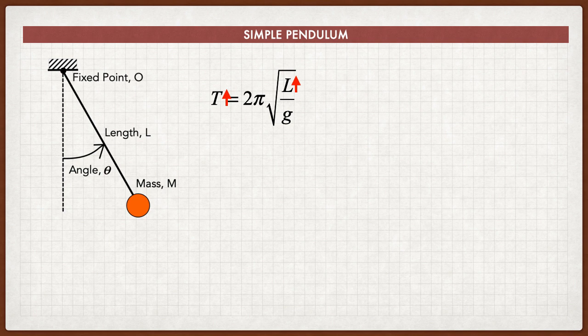What if we go to a planet with a larger gravitational constant? Remember, gravity is what pulls the pendulum back to the center. If there's more gravity, shouldn't it come back sooner? G is downstairs in the formula. Increase G, and you end up with a smaller T.